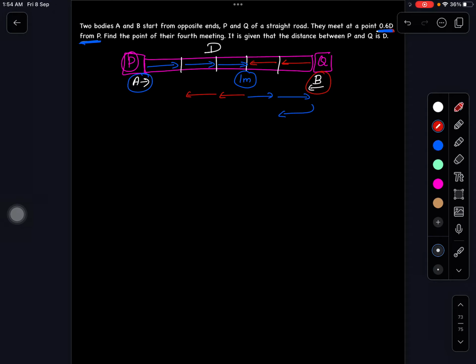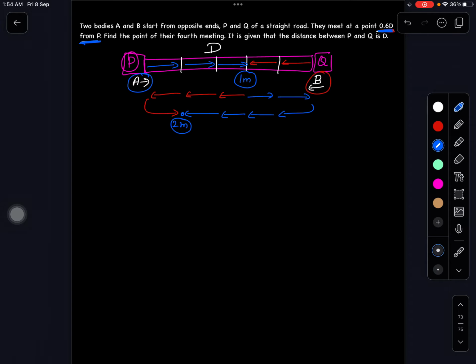We are searching for the second meeting. Now B makes 2 more movements, 1, 2, and when B makes 2 more movements, A would have made 3 movements, 1, 2, 3. So this is the point where they are meeting for the second time. Now let's continue the same thing. Every time A makes 3 units movement, B would make 2 units movement.